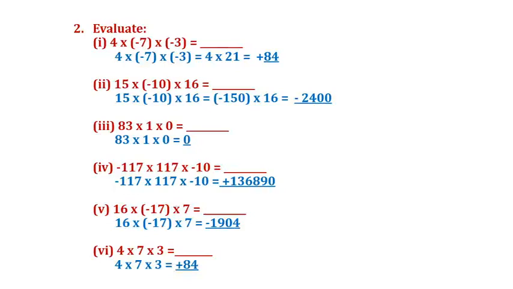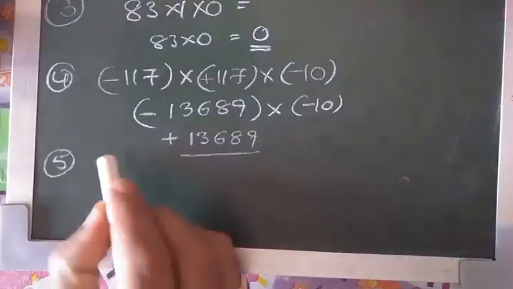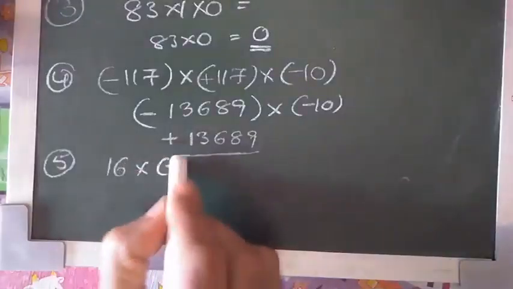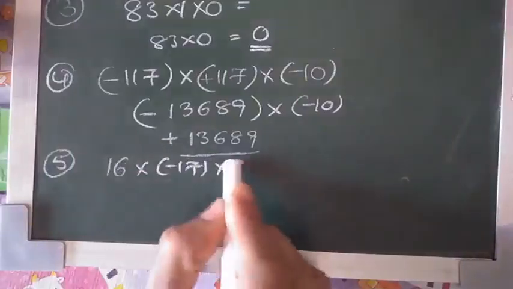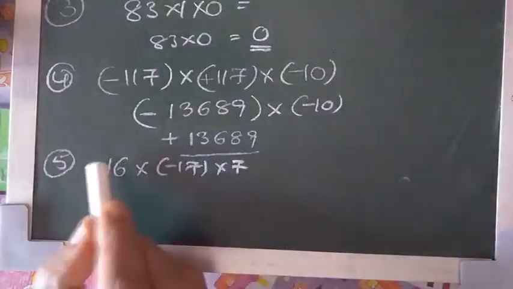Next, going to the fifth problem, which is 16 into minus 17 into 7. So first multiply the first two numbers.